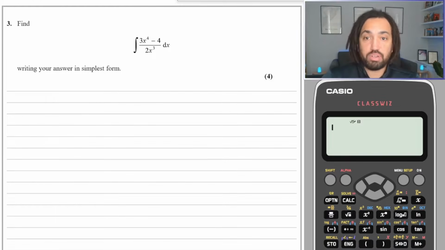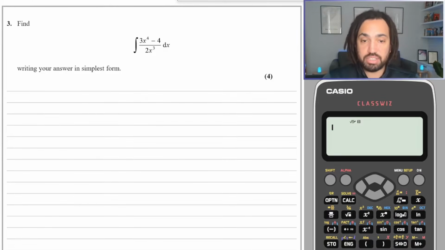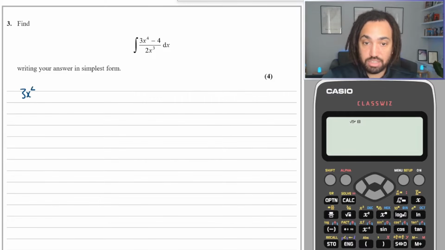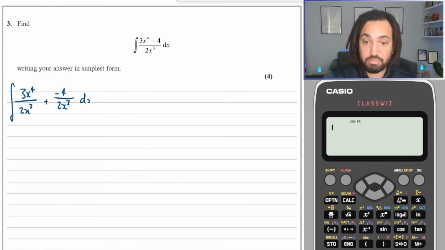Okay, next question, we've got an integral, and we need to write it so that all of the terms are just a single power of x. So the first term is 3x to the 4 divided by 2x cubed. And splitting up the fraction is going to give me minus 4 over 2x cubed, like this.